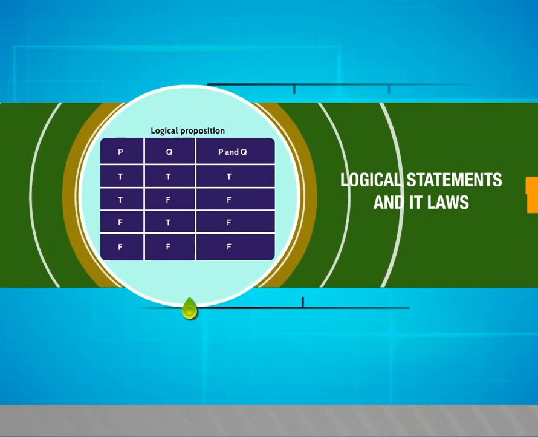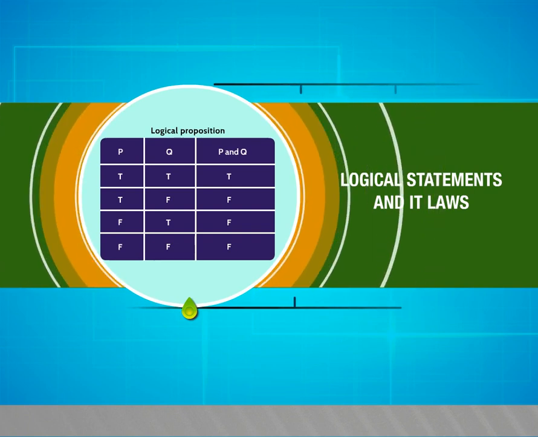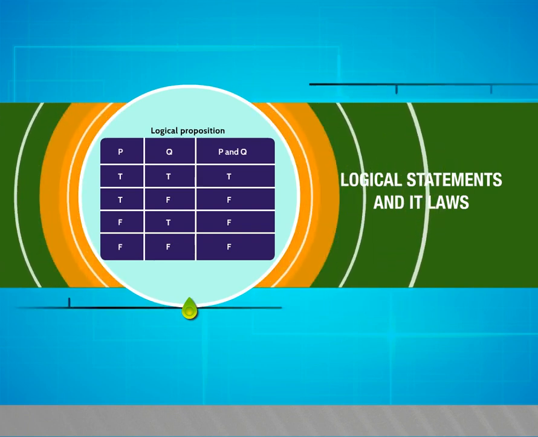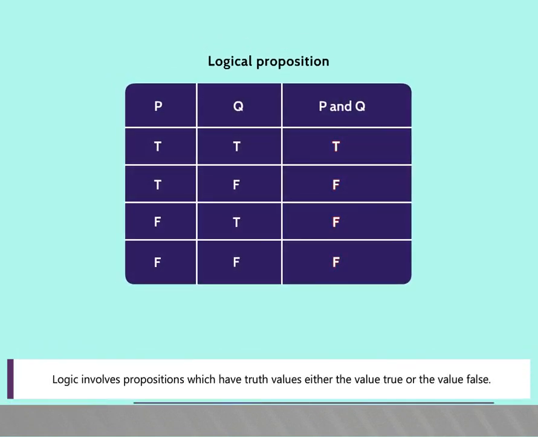Logical statements and its laws. In this video, we are going to see about logical statements and its laws. Logic involves propositions, which have truth values, either the value true or the value false.